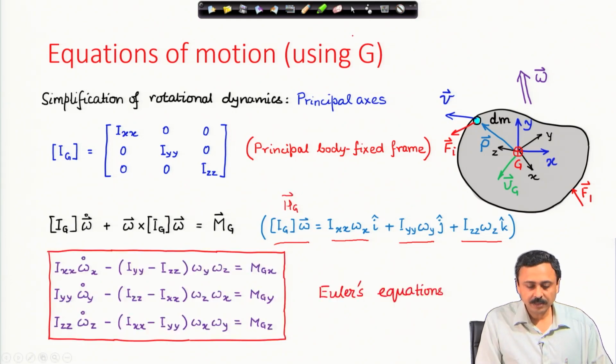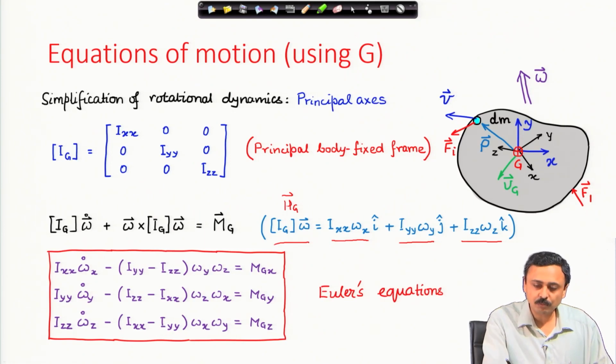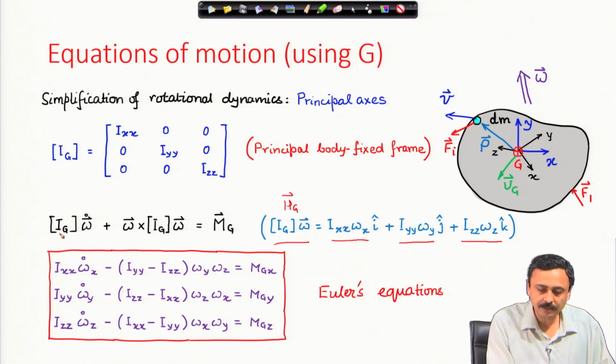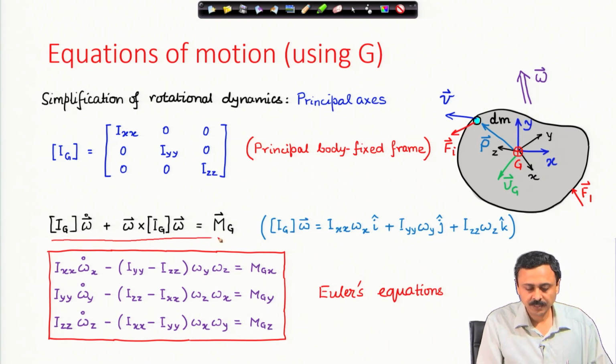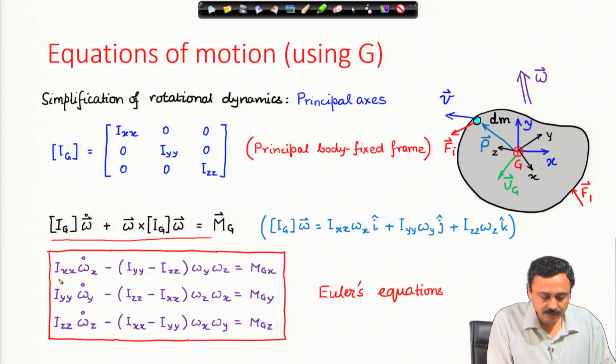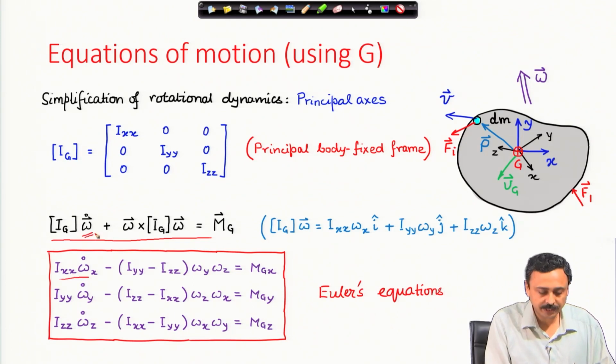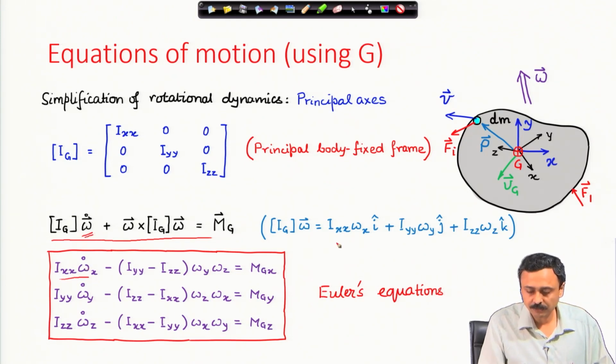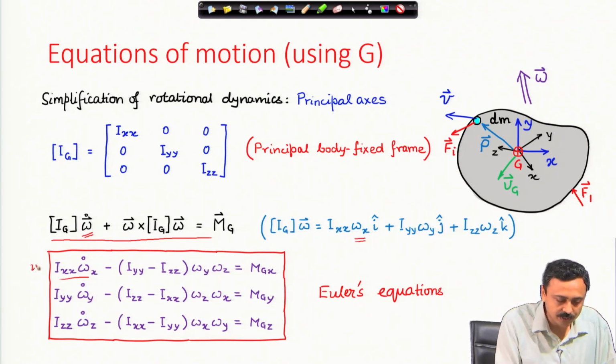Now, with that, if you substitute in the equation of motion, these terms are born out of the first term because of the local derivative, I xx times omega x dot, that you can see from here also. This is the I cap equation, this is the j cap equation, and this is the k cap equation.